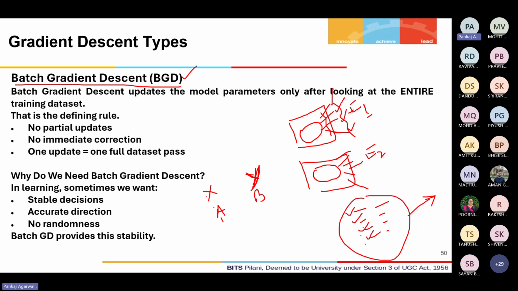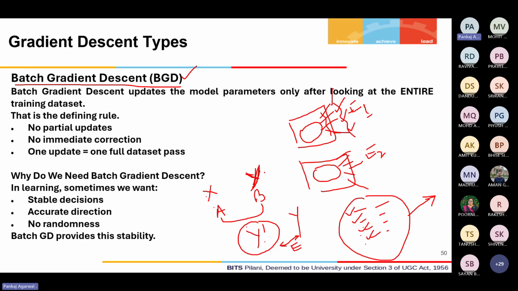For this input, I want it to produce some kind of y dash, and the target value is y. So for this particular given input, we will produce a y dash, and there would be an error that it would produce, error e, right?